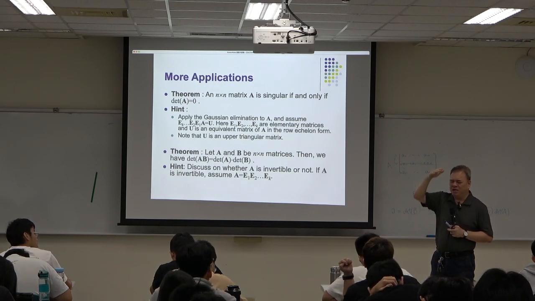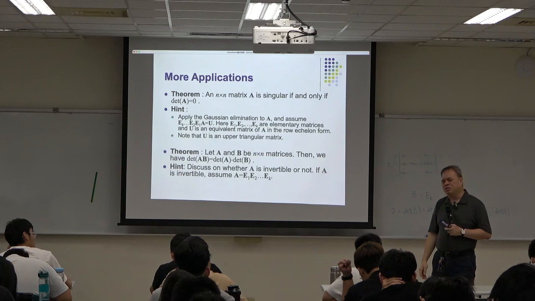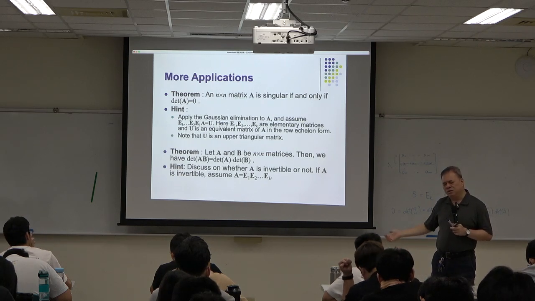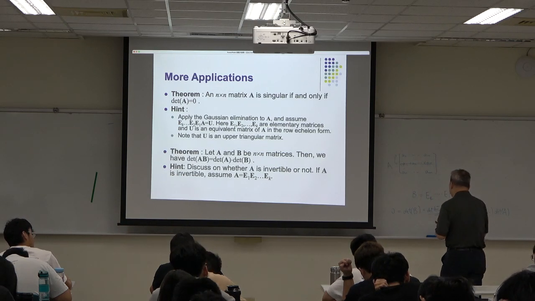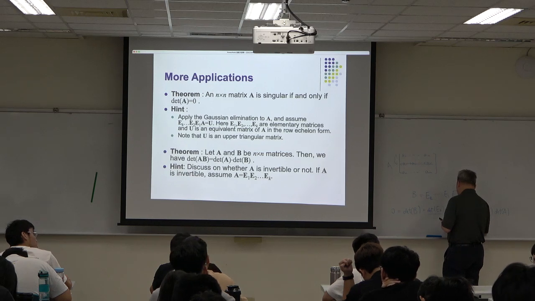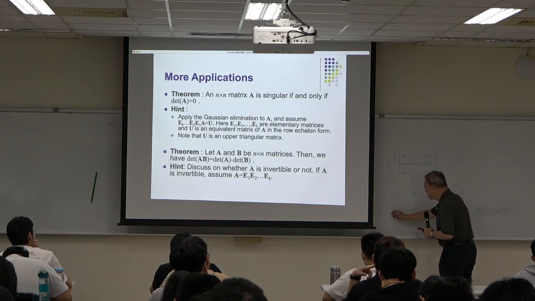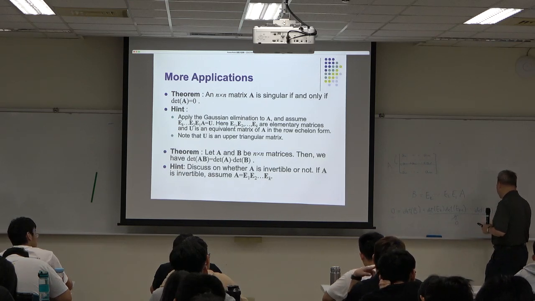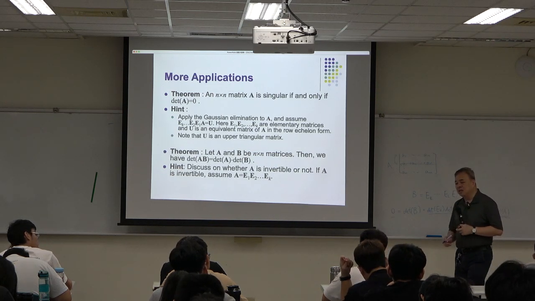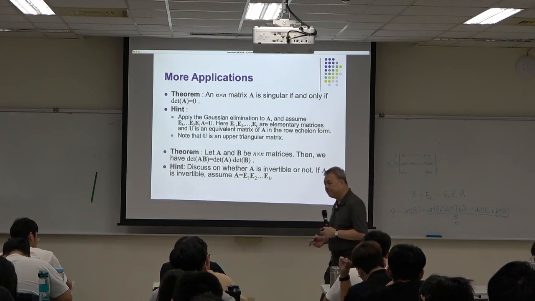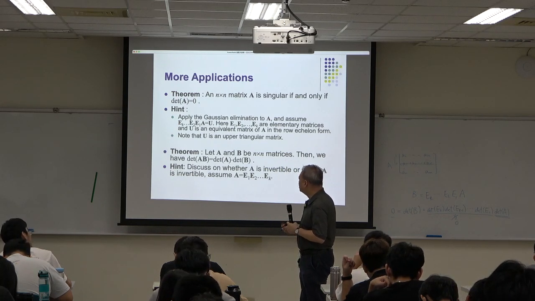And if you multiply a row by a constant and add to another row, the determinant of the corresponding matrix will be 1. So basically, this is non-zero. Because this is non-zero, and the left-hand side is 0, the only thing that has to be 0 is the determinant of A. Right? Okay, so that's pretty much about it.